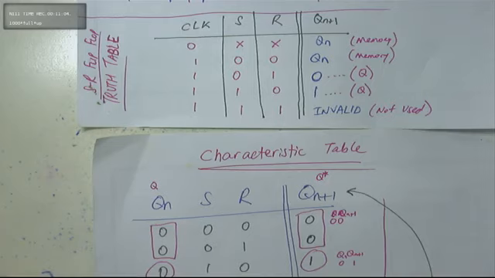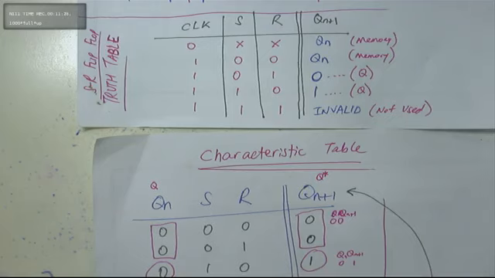It's only looking at what is our current state and what is our future state, or what is our previous state and the next state. So Qn could be thought of as previous, Qn plus 1 is thought of as next. Just note this down, we'll try and use that terminology. Qn is previous or current, and Qn plus 1 is next.